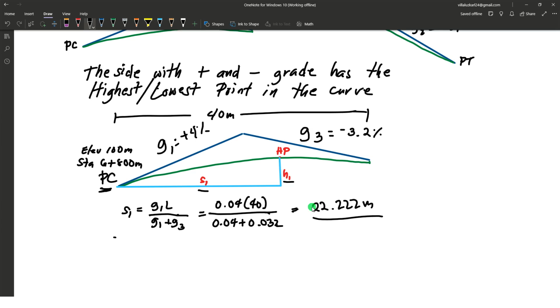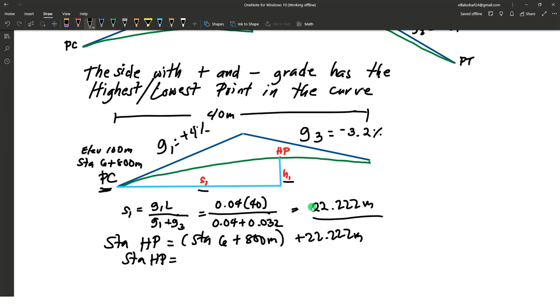So for the stationing of HP, we have stationing of 6 plus 800, plus 22.222, so station 6 plus 822.222 meters.